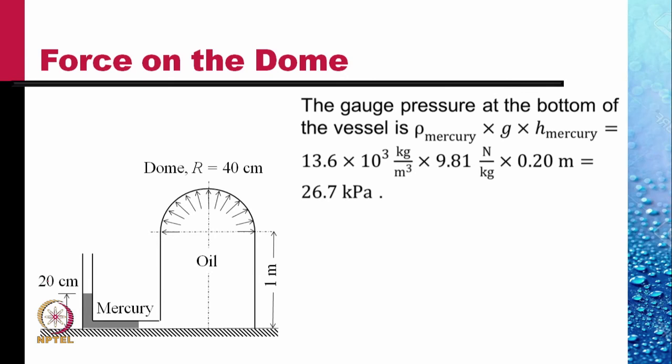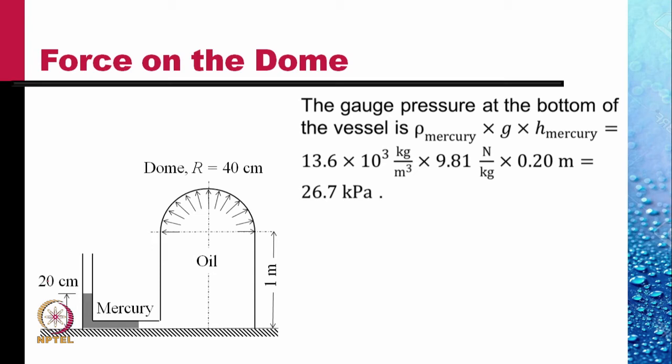The gauge pressure at the bottom of the tank is rho of mercury times g times the height of mercury, which is 20 centimeters. So this pressure is 26.7 kilopascals.